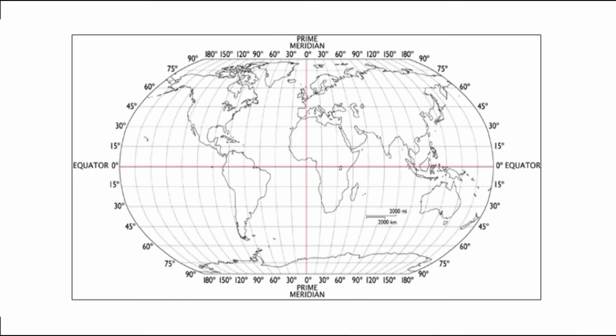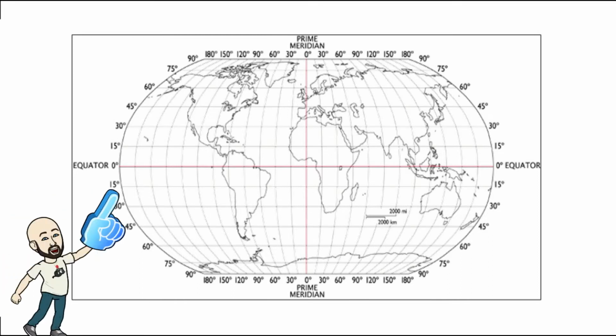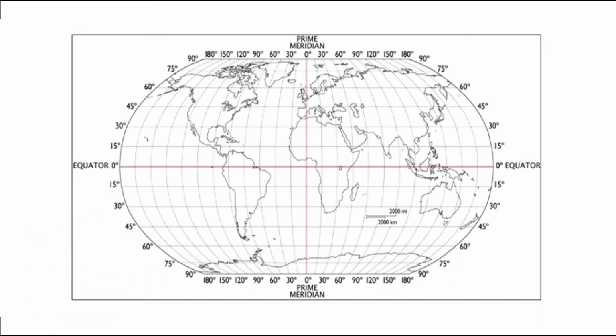So here we have a basic map, and before we get into this new thing called coordinates, there are a few things that you need to know. One of the things that you're going to need to know is that this line is called the equator.